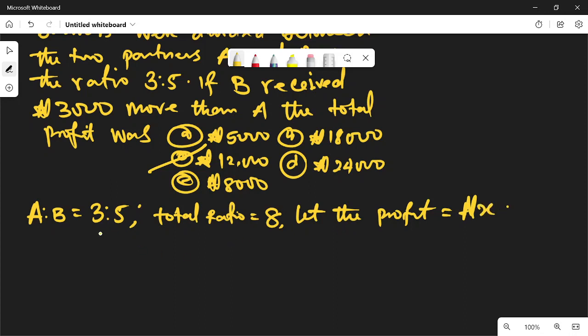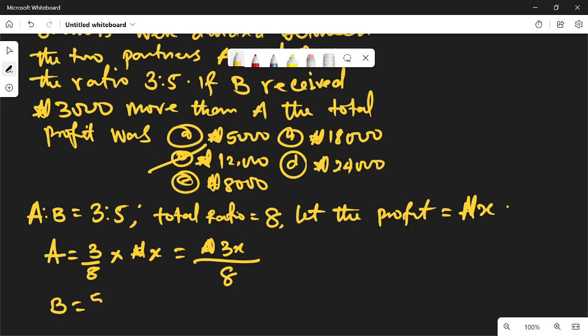The portion of A is going to be 3/8 multiplied by X naira, which becomes 3x naira divided by 8. Then the portion of B is 5 over 8 multiplied by X naira, which is 5x naira over 8.